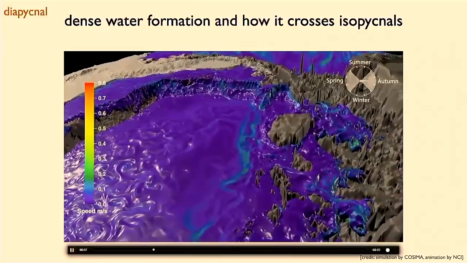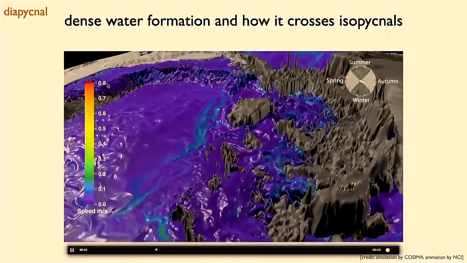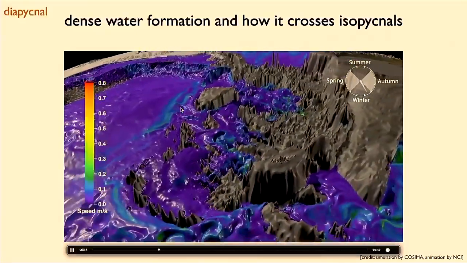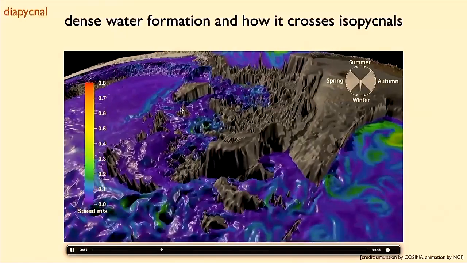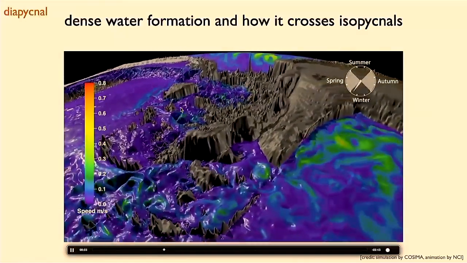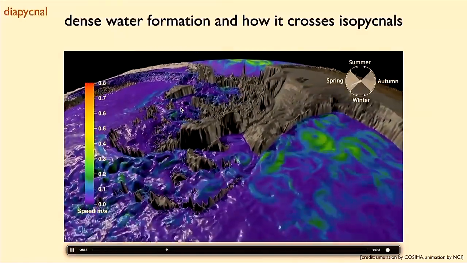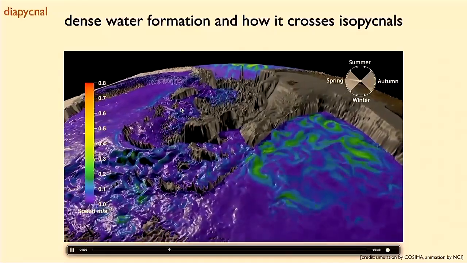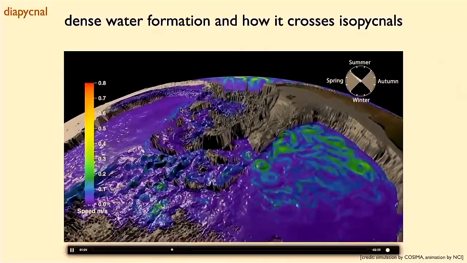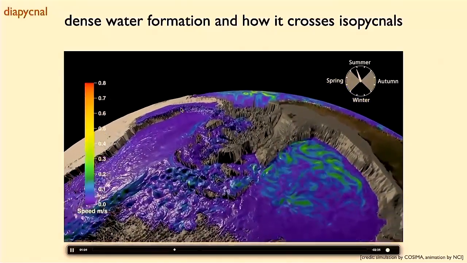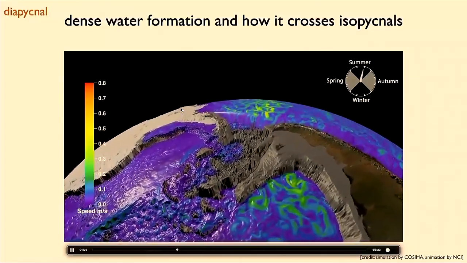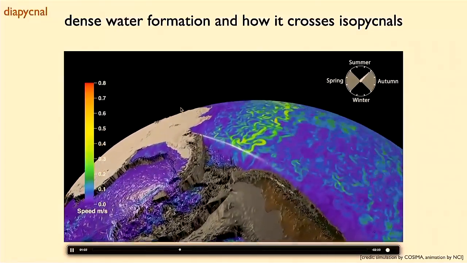This is 2 kilometers deep or 4 kilometers deep. So that's how this happens. It's very inhomogeneous, quite challenging to model, not to mention to observe. To observe with measurements is almost impossible.